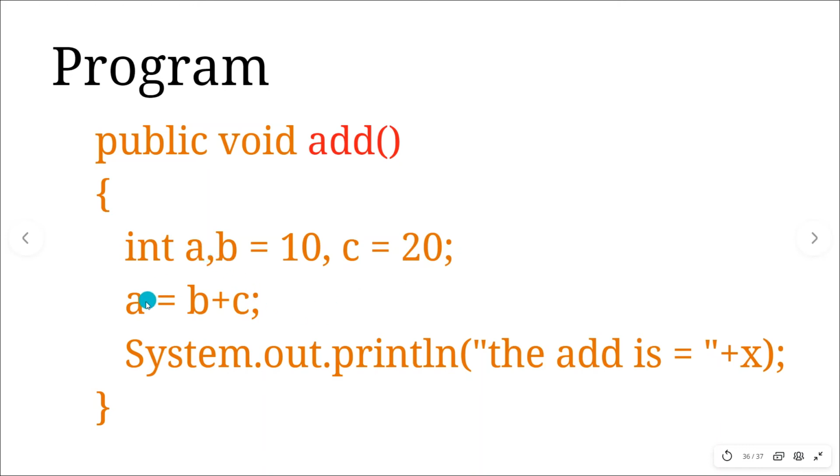Then a equals b plus c, which means 10 plus 20. It will add both numbers, because we have used the add function. Here you can see the output, a plus x. Sorry, by mistake I have mentioned x, but you can mention a here, and then run the program. You will get the output 30, but for that you must change x to a.